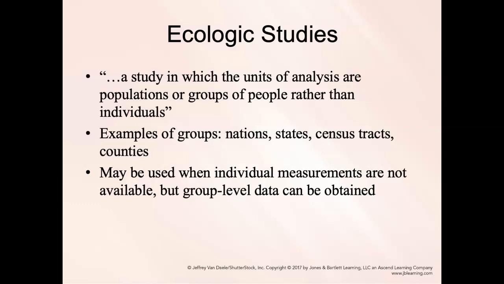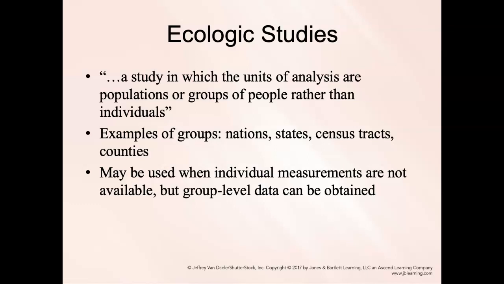Now, these types of studies are really helpful in trying to examine the context of health. So maybe how demographic characteristics and the social environment contribute to the morbidity and mortality of different diseases.